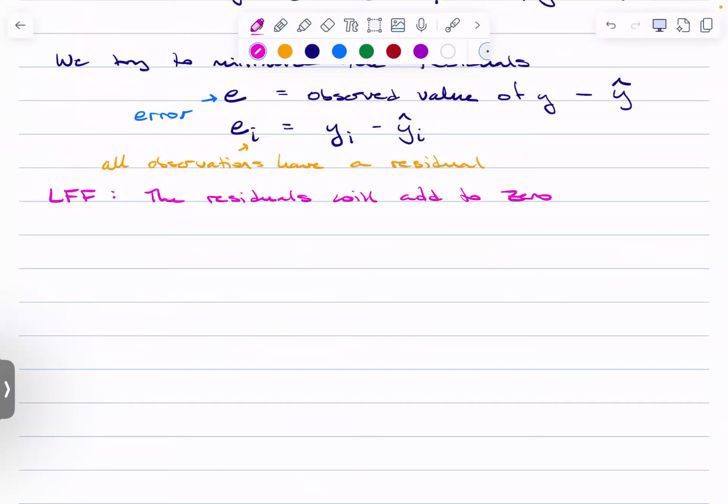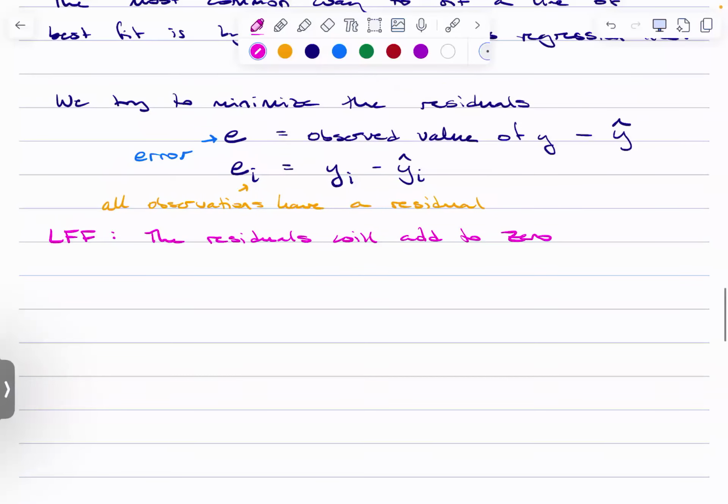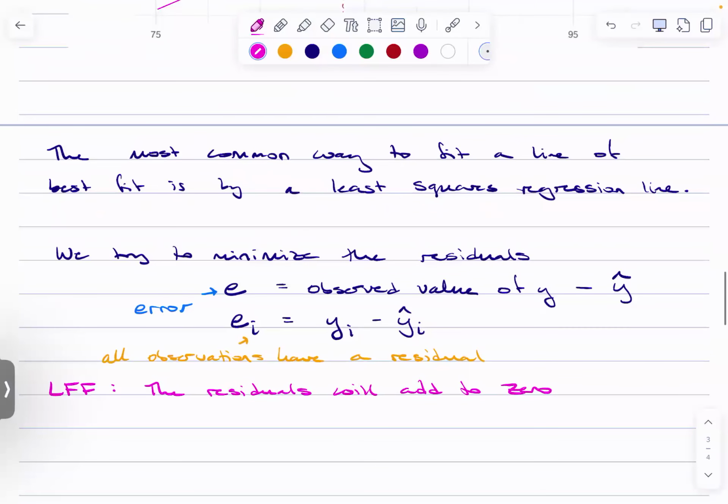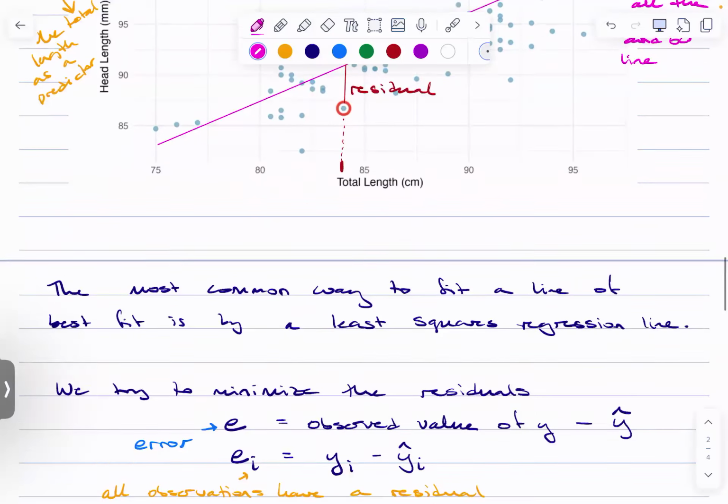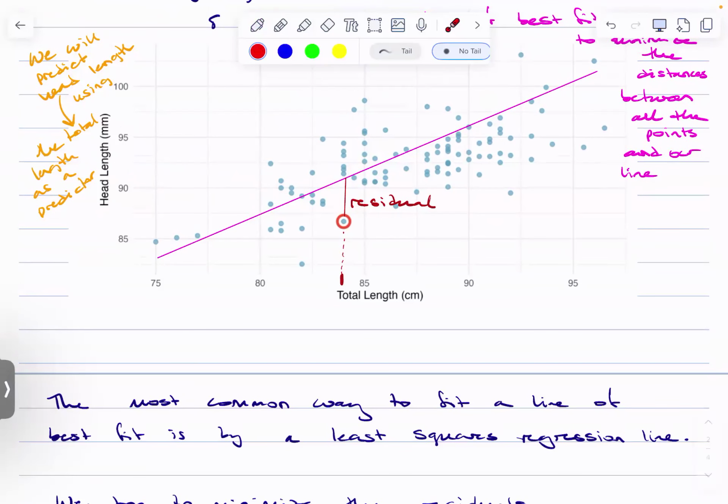It's kind of mind-boggling, at least for me. I imagine it drawing a line, calculating all the residuals, and then adjusting the line to minimize all the residuals and to make sure that all the residuals add to 0, and that's how it iterates through. We don't need to deal with that. We have formulas that just take that into account.